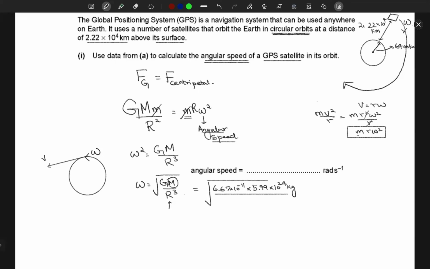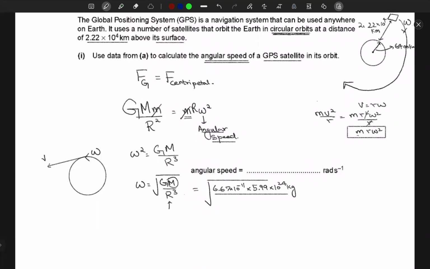Can you hear me? I think, are you using chat? No. Okay, you can hear me? 2.22 into 10 to the power of 7. You're saying it should be 2.22 into 10 raised to power 7.